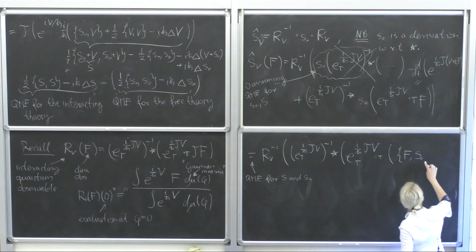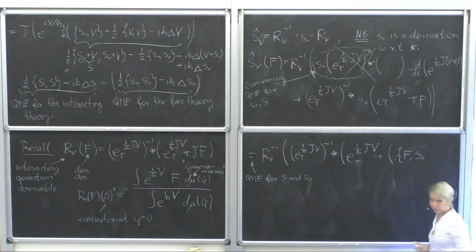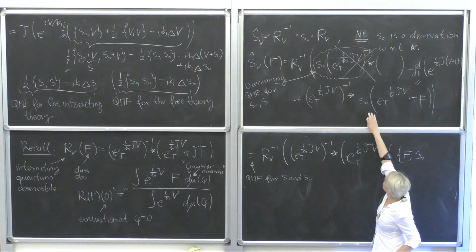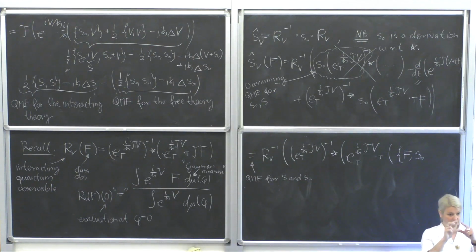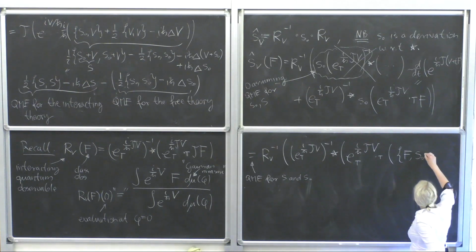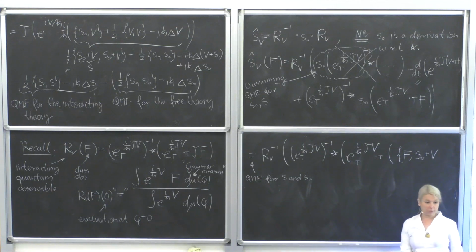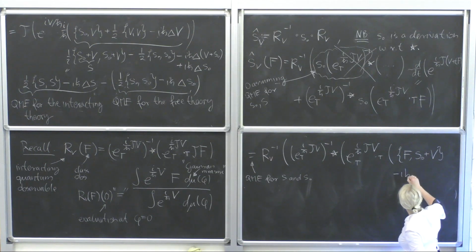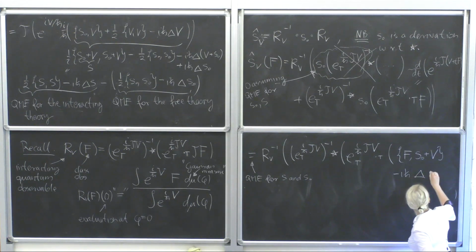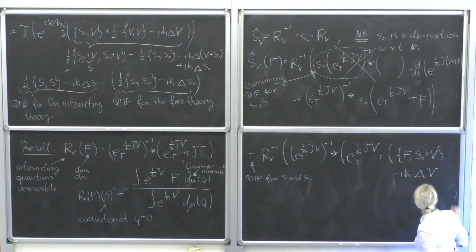So there will be a piece with S0, which comes from just applying that. And there's going to be, again, a piece from the BV Laplacian, which will actually give us that. Great.